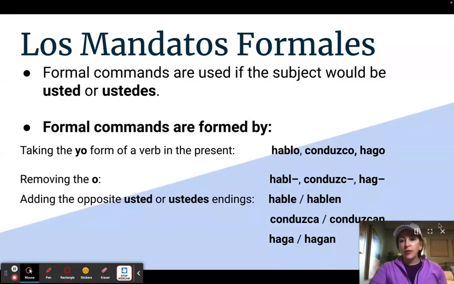So for AR verbs, you add e or en. ER and IR verbs, you add a or an. So notice for conduzca and haga, we've taken the yo form irregular verb, and then we just take off that o and then go to the next step, which is adding the endings.